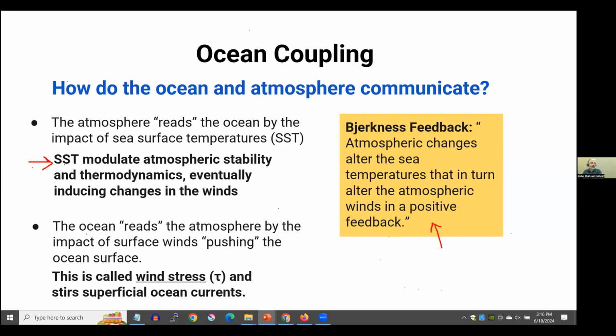A current will transport a water mass faster. A strong ocean current or a change in the surface ocean would also stimulate upwelling, or the rise of colder waters from deeper locations to the surface, and so on. And there's a quantity that oceanographers and meteorologists look into as well. It's called tau, the wind stress. So it's basically how the winds push the ocean surface.